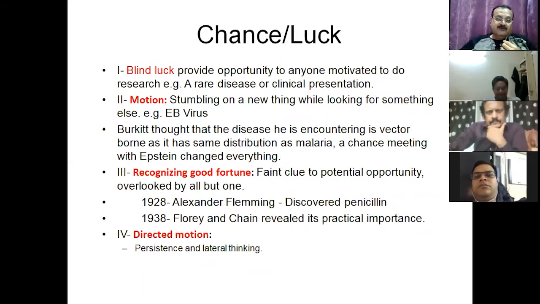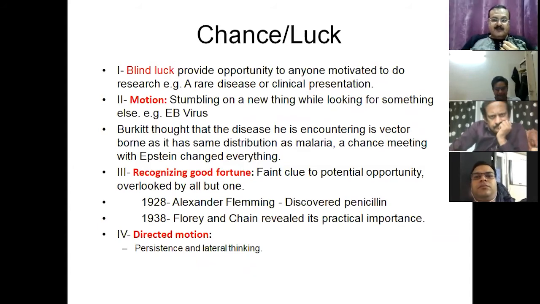He was not looking for the Epstein-Barr virus. He was not looking for Burkitt's disease either, but he was working on malaria. So this disease was detected while he was working on malaria, and this type of chance is called serendipity. The third is recognizing good fortune. The example here is Alexander Fleming and Howard Florey and Ernst Chain.